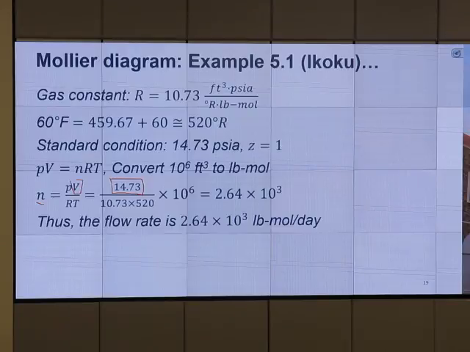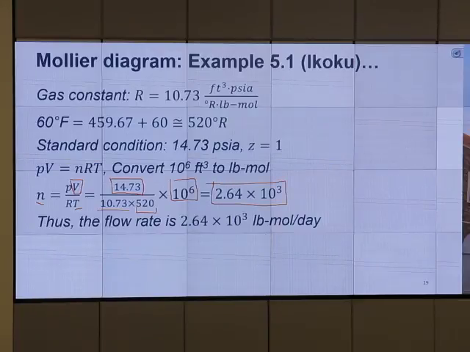V is volume. We have 1 million, right? We put 1 million. And R is 10.73. T is 60 or about 520. Okay. Put everything together, I get that many mole per day.